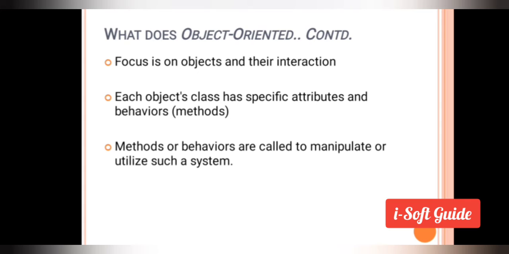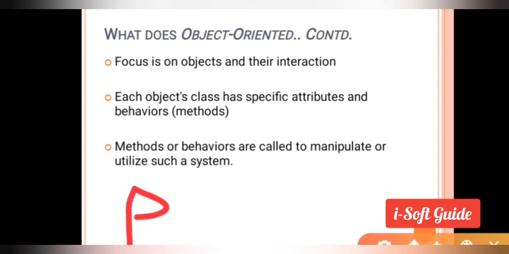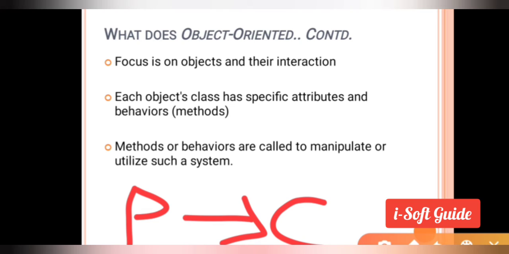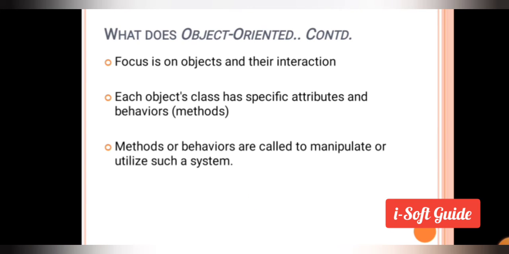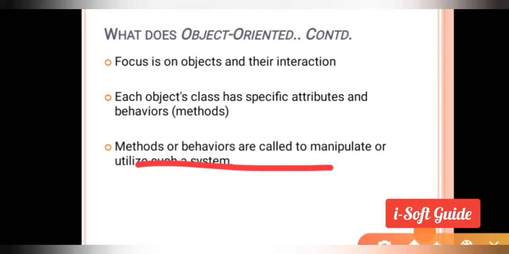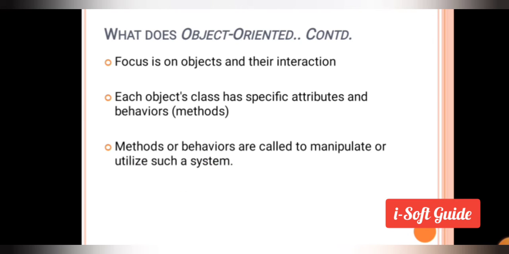In the class person, the person will have the attribute name, and it has the method can use the computer. So they are related with each other: a person can use a computer. Hence there are different methods and behaviors that are called to manipulate and utilize the system.